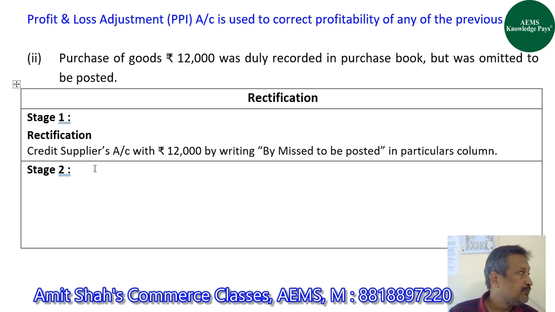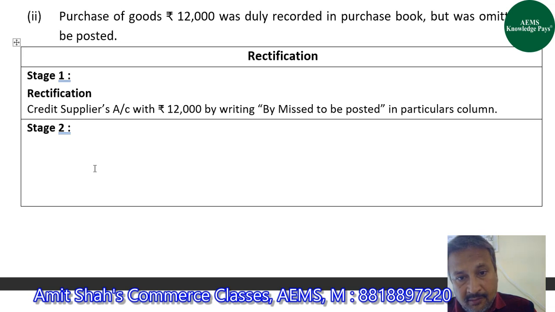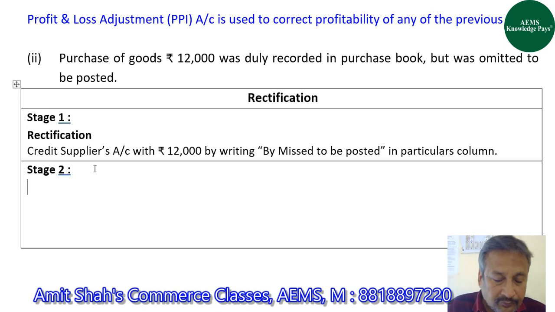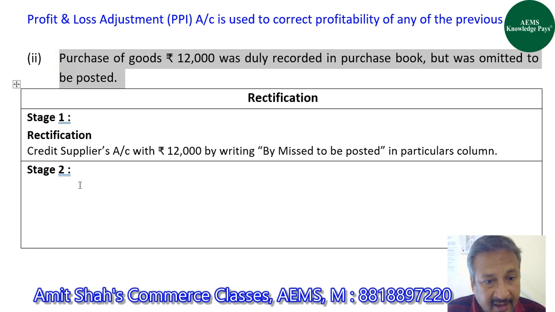Am I clear? What he does after that, that also I will explain to you. Right? We are not talking about rectification right now; right now we are talking about what the accountant did. What he would be doing once he got to know about this error, that we will see later.